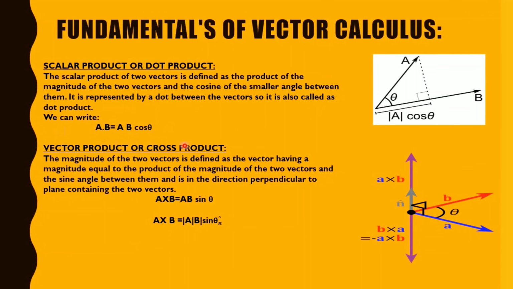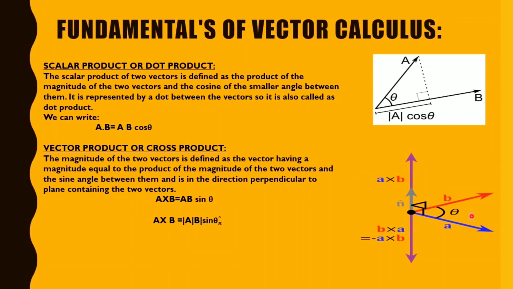Now let's move on to the vector product, or you can say the cross product. It is defined as the vector having a magnitude equal to the product of the magnitudes of the two vectors and the sine of the angle, and its direction is perpendicular to the plane containing the two vectors.